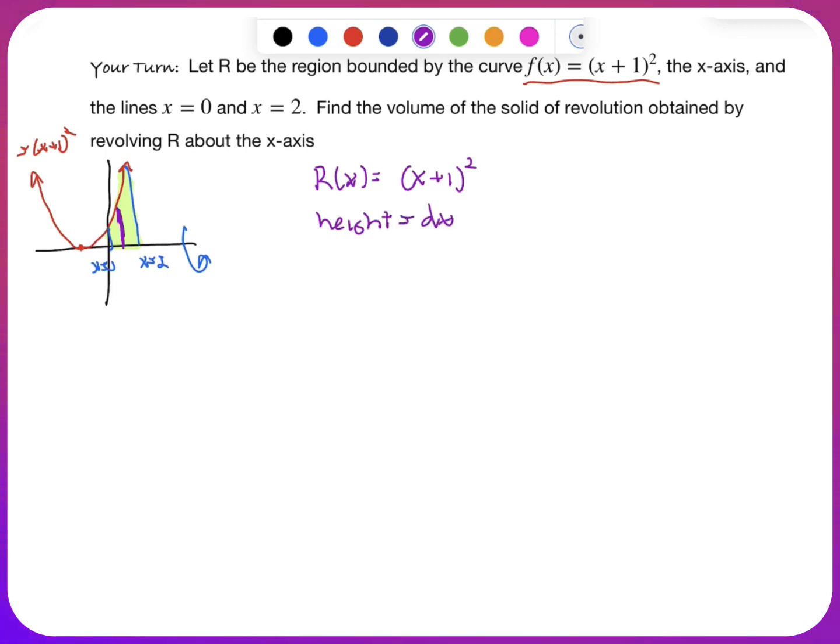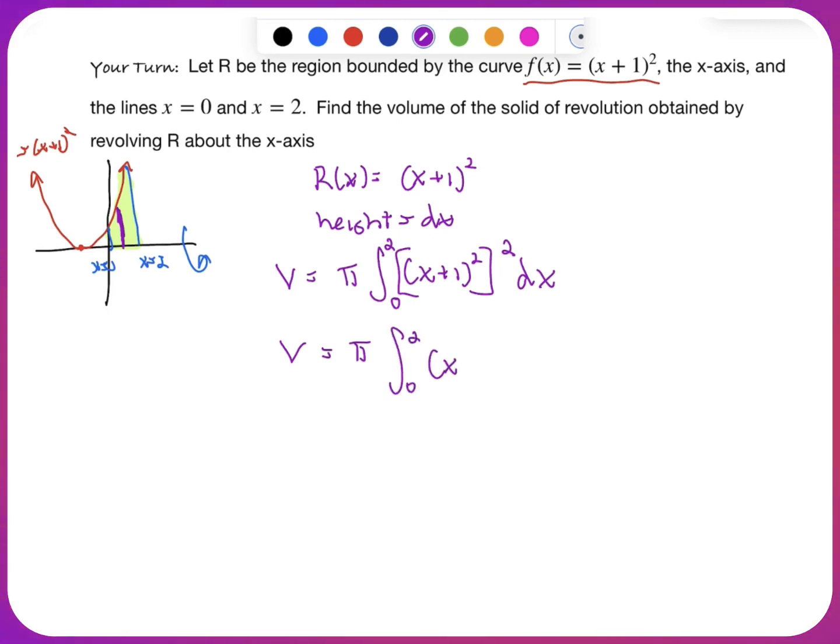Then the width of our representative rectangle is a change in x. So our volume is going to be pi times the integral of r squared dx, and we're going to integrate this from 0 to 2. I forgot to put that up here. A quantity squared, squared again, is just that quantity to the fourth. Now we could multiply x plus 4 out four times, but we can use u-substitution here because we know the derivative of x is just 1, so du equals dx.